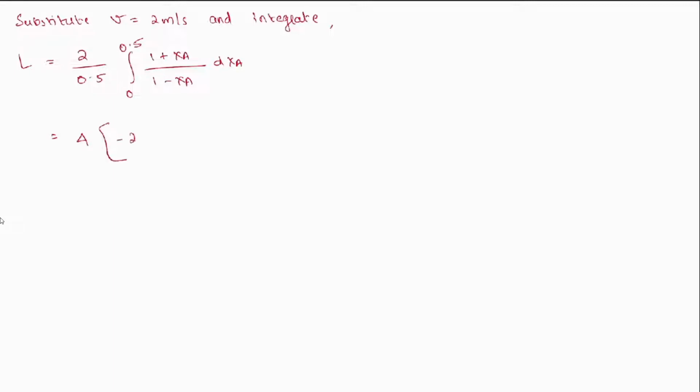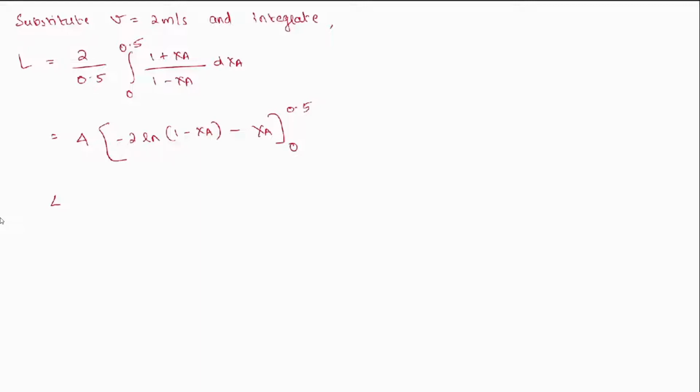So substituting v is equal to 2 meter per second and integrating this, L will be 2 by 0.5, integral 0 to 0.5 of 1 plus XA by 1 minus XA dXA. This integral, what we can do is split it. 1 plus XA by 1 minus XA can be split into two terms, 1 by 1 minus XA plus XA by 1 minus XA.